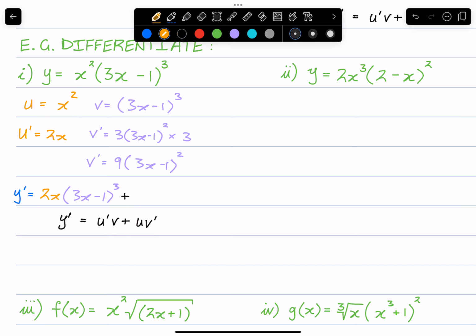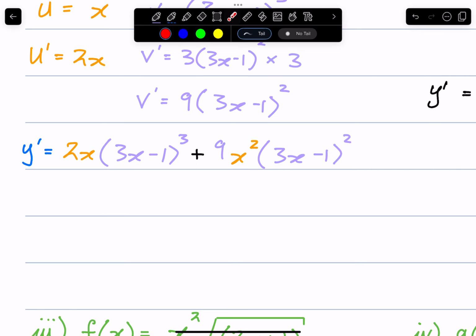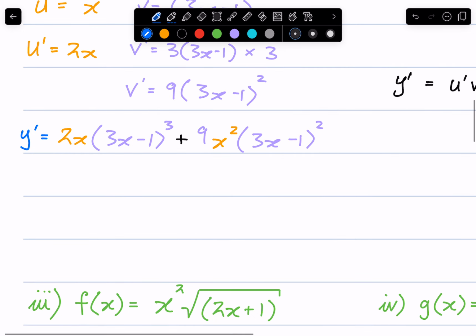So this will give us u is x squared, v prime is going to be that multiplication, so 9 times 3x minus 1 squared. Now at this point, this is a successful application of the product rule. Moving past this point is just algebra skills to simplify this expression.